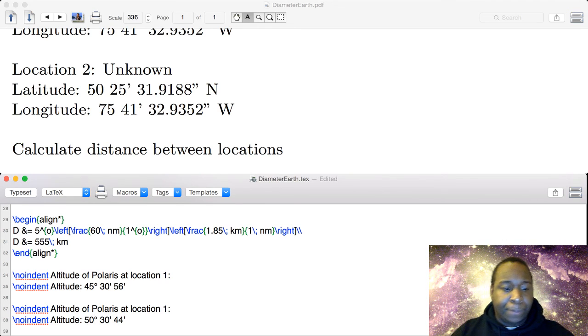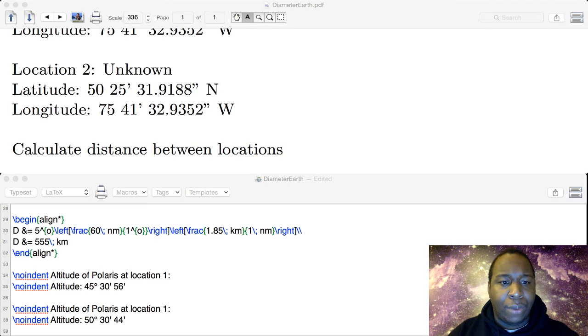That's not much. So 50 degrees, 30 minutes, 44 seconds. Cool. Of course, we'll need to convert this information to actual degrees to make this work out properly. All right. Well, let's go ahead and do that actually. Now that I'm thinking about it, let's do it.